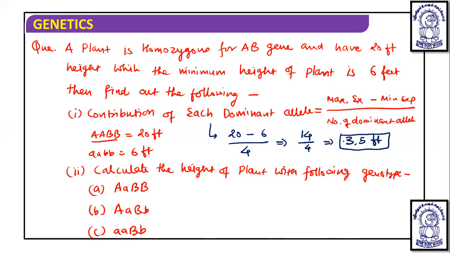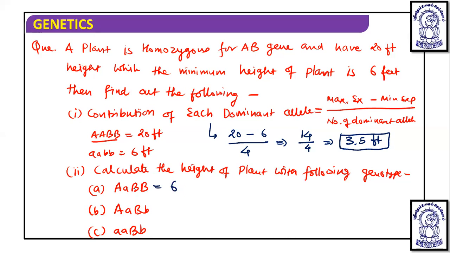Okay. So if we know the contribution of dominant allele, then that dominant allele is going to contribute above the minimum height. Yes or no? Because minimum height is going to be 6 feet. Whatever the dominant alleles increase, that will contribute to the increase in height. So if capital A, capital B, small b, then the minimum height is 6.